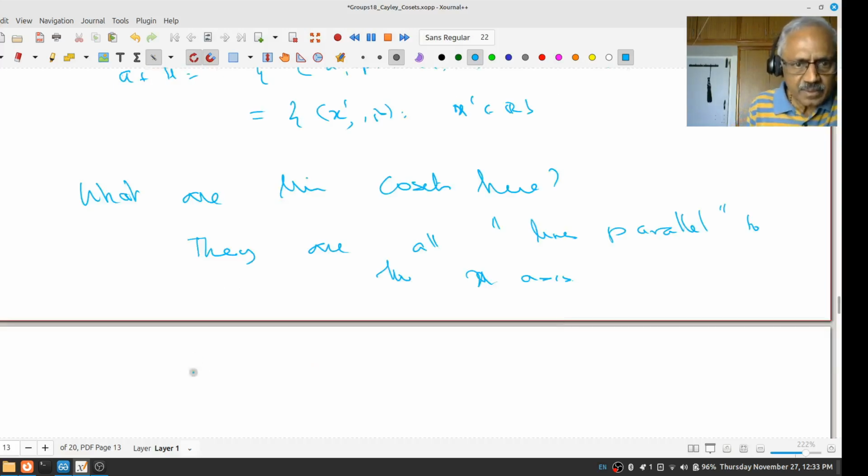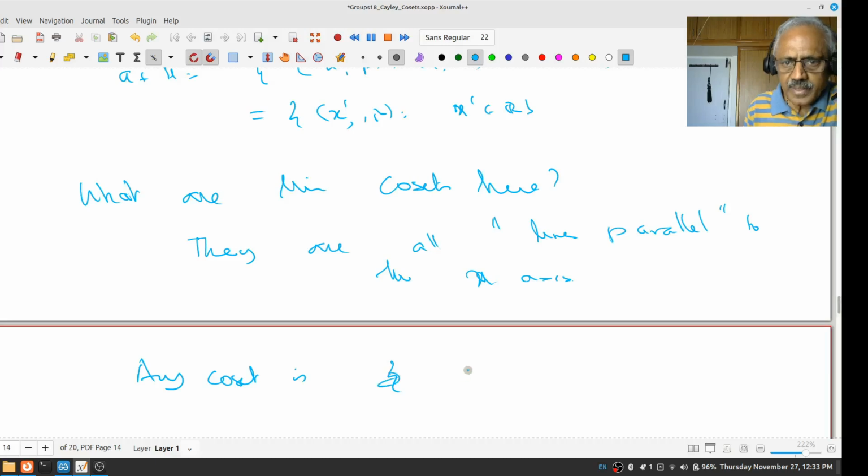Namely, any coset is given by y equal to beta, that is, the set of all (x, beta) as x varies over R. These are the cosets. Pause, review, proceed.